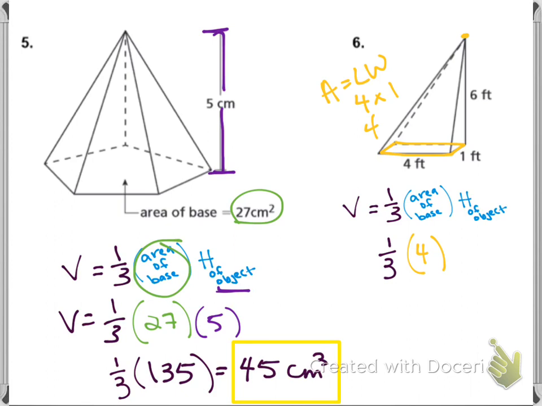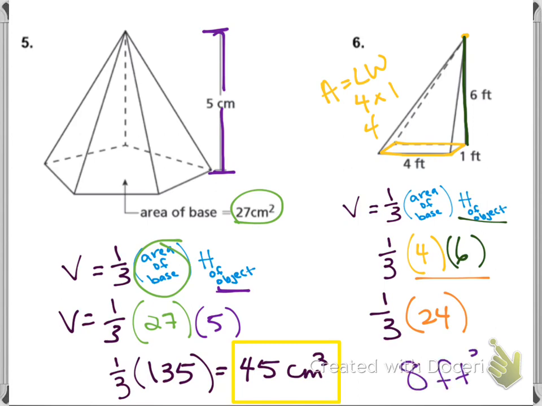So if you notice, it's kind of a slanted pyramid. This 6, it doesn't notify you, but that's going to be your height. So again, 1/3, 4 times 6 is 24. You can do 24 divided by 3, which is 8. And it'd be feet cubed.